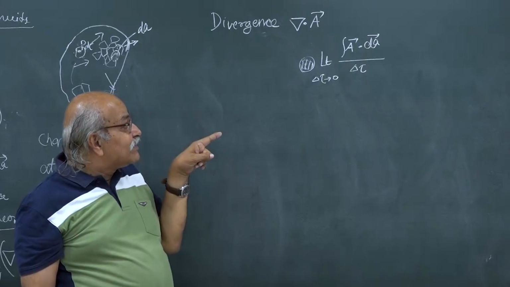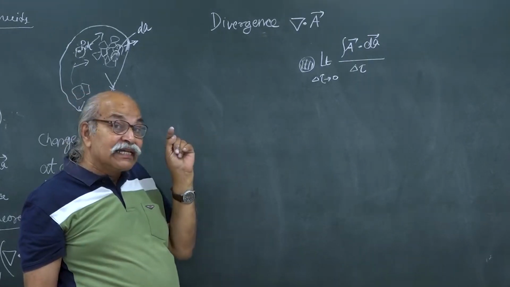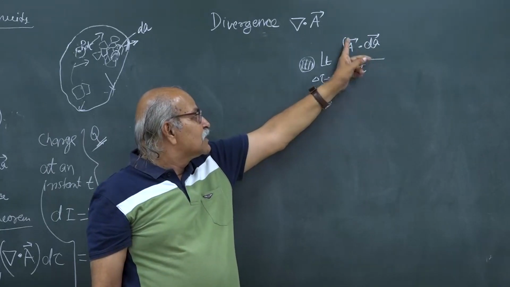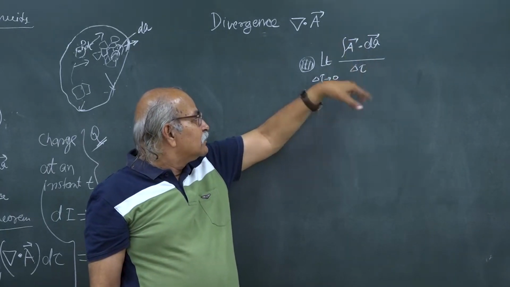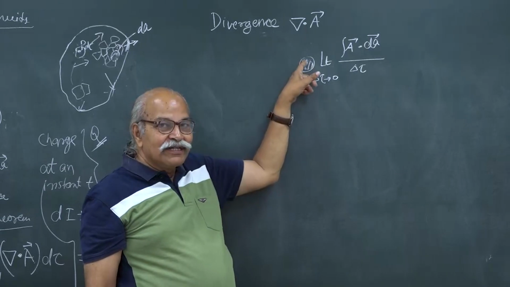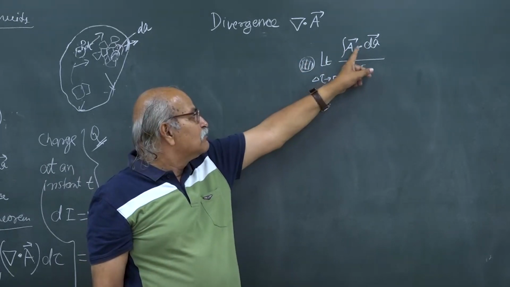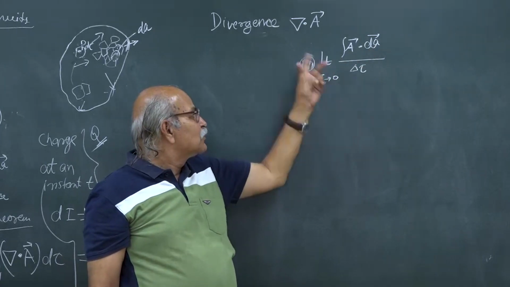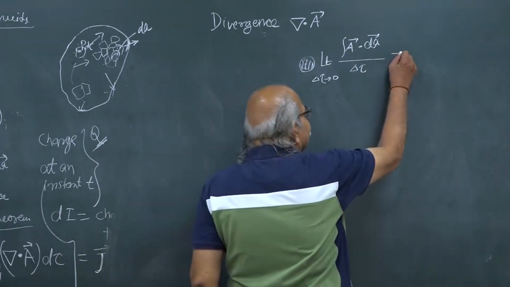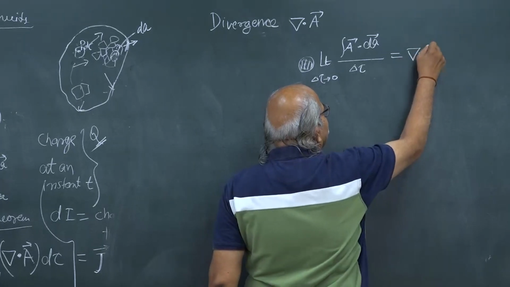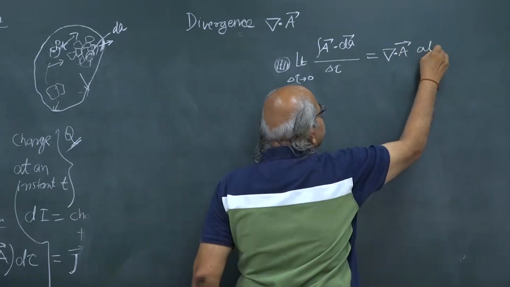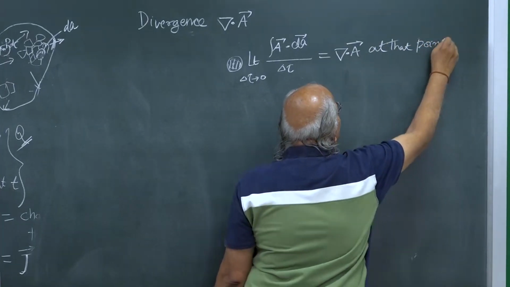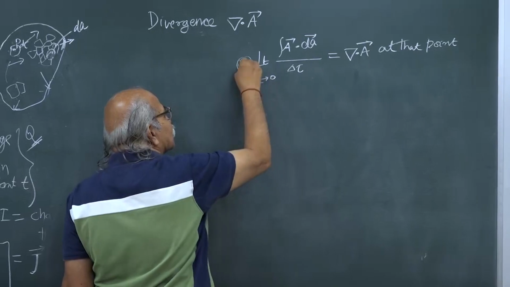This quantity is a scalar quantity, because A dot dA is a scalar dot product. Everywhere you add numbers, you only get a number, a scalar quantity, and therefore this whole thing is a scalar quantity, and that is known as divergence of A at that point, at this particular point.